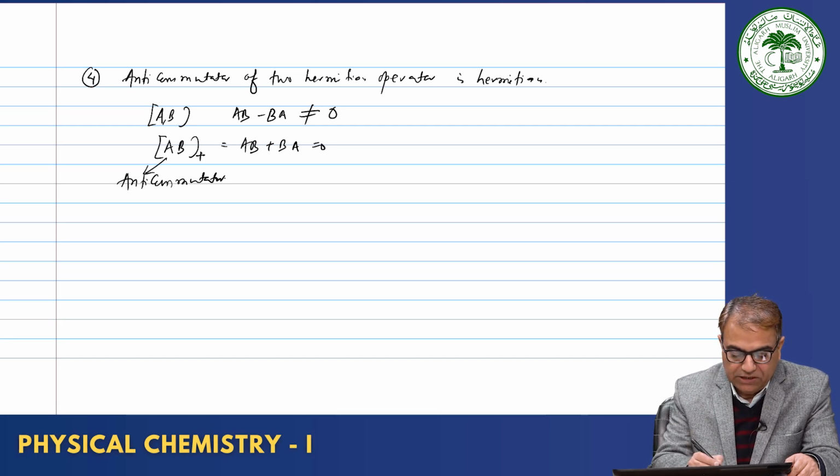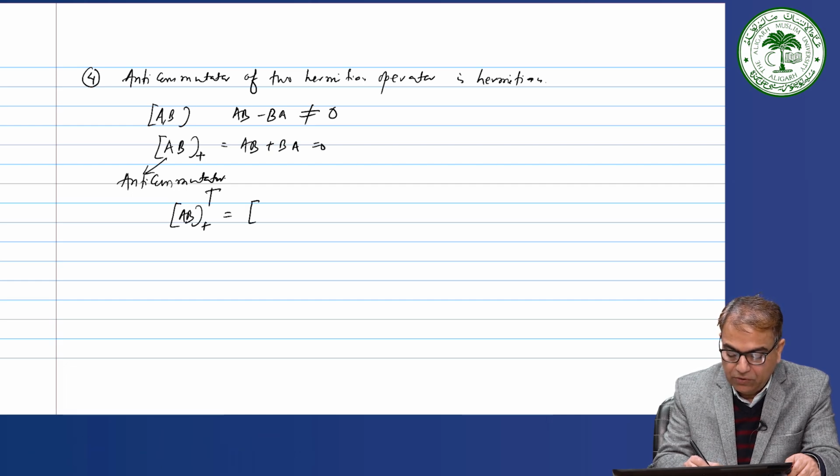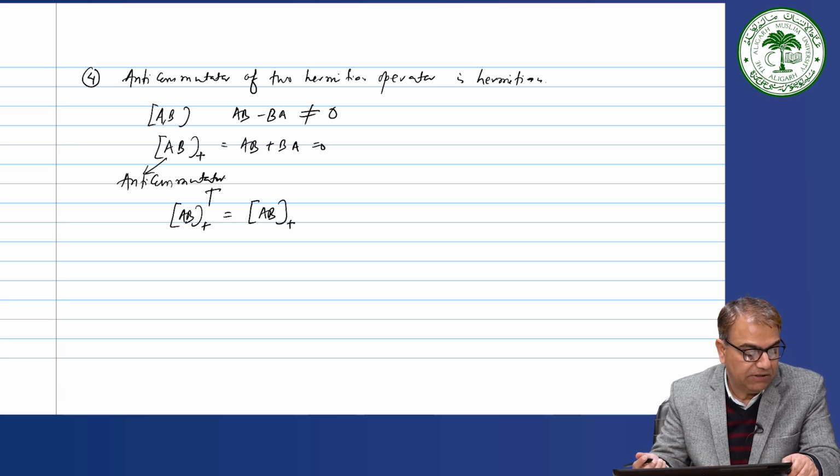Again, what does it mean? The anti-commutator is {A, B}, with a positive sign here. So the dagger of this should be equal to {A, B} itself. Then only it will be Hermitian, otherwise it will not.